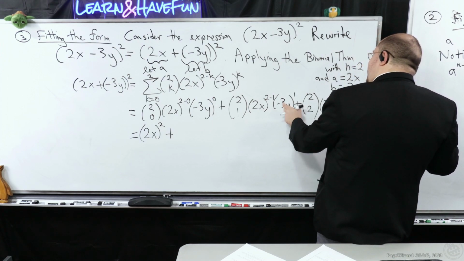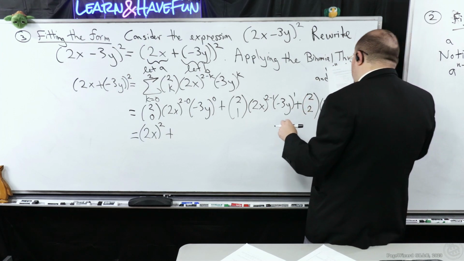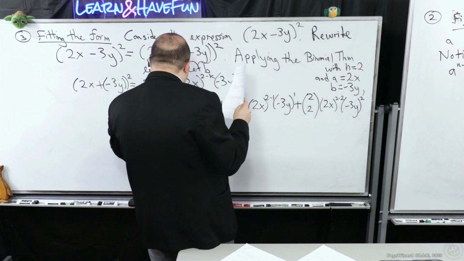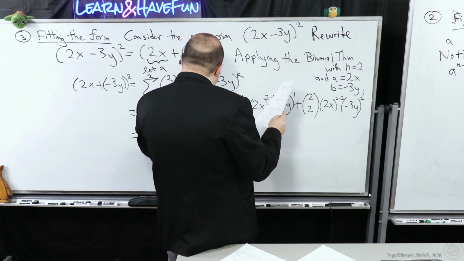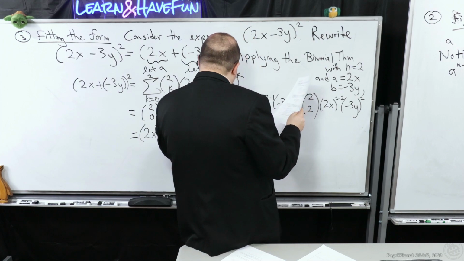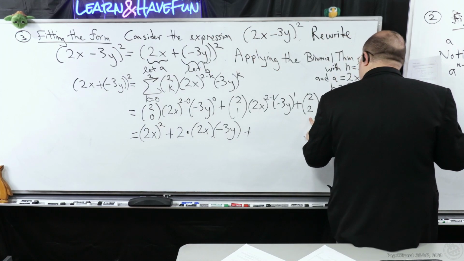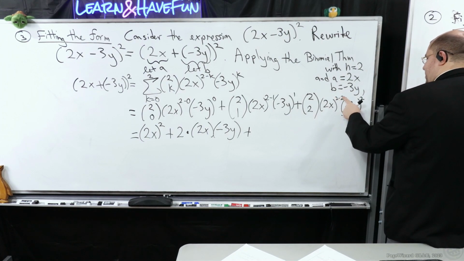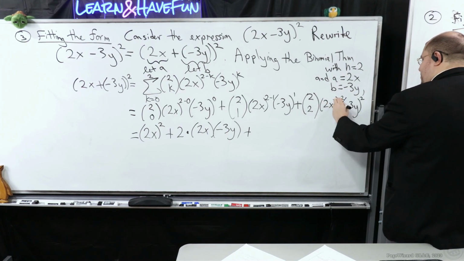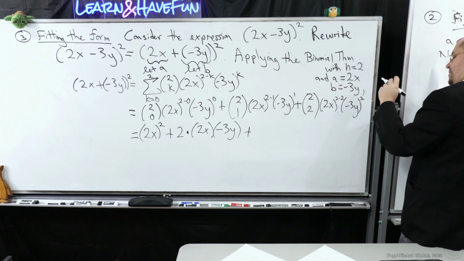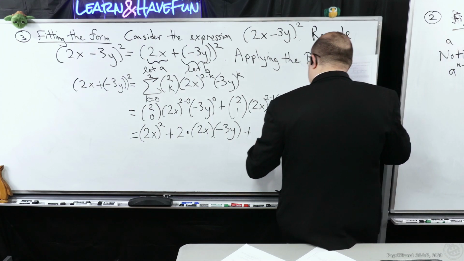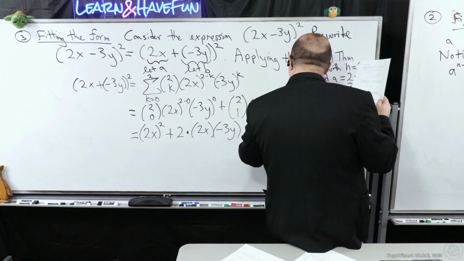And then I have minus 3y raised to the power of 1. So I have 2 times 2x times minus 3y, plus this one, 1 times 2 minus 2, that's 0, so that's just going to end up being a 1. And then we just have minus 3y squared like that.